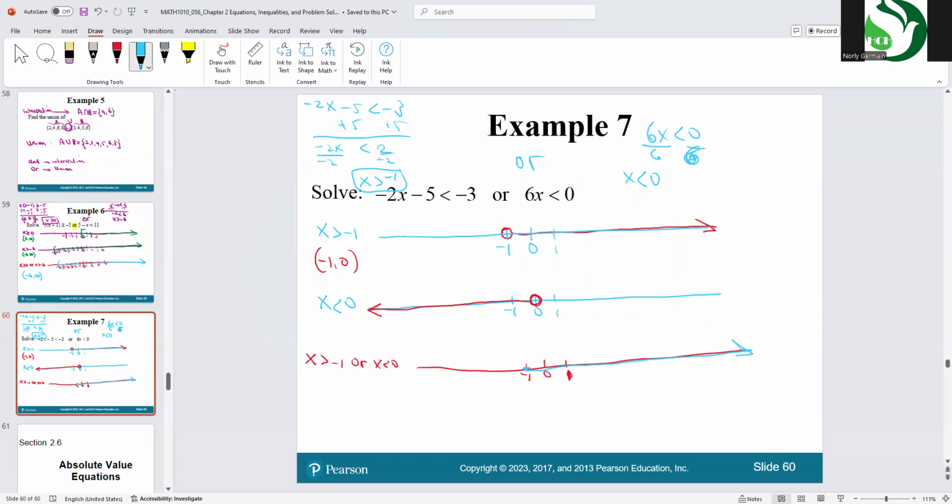That's the first thing we do. And then we start also from 0, then we go to the other side. So that means we take everything. So the solution in interval notation is negative infinity to infinity.